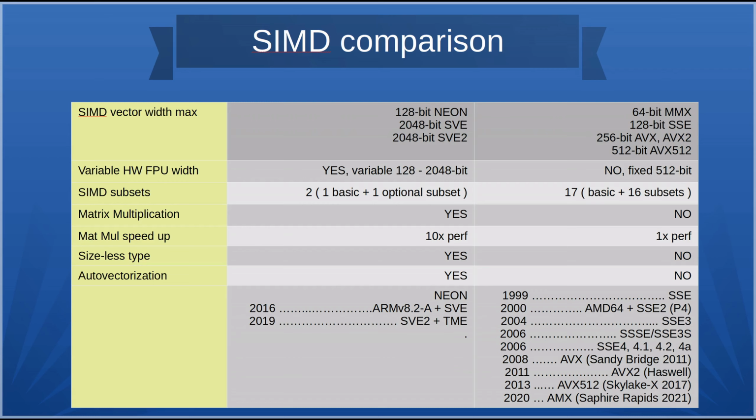So let's call it SIMD units. To compare x86 and ARM, right now ARM has 128-bit NEON units, the instruction set, which is kind of DSP and vectors for the floating point and the integer, which is really similar to SSE.